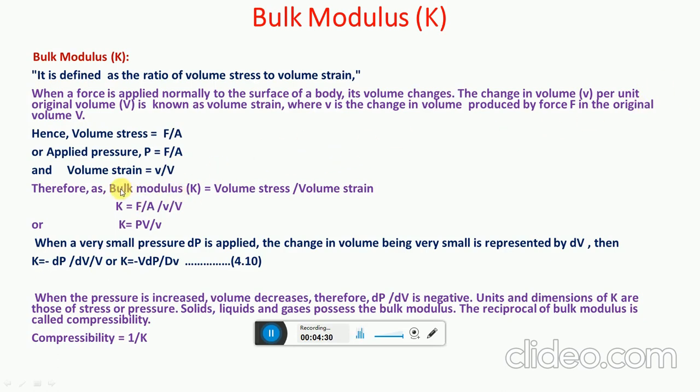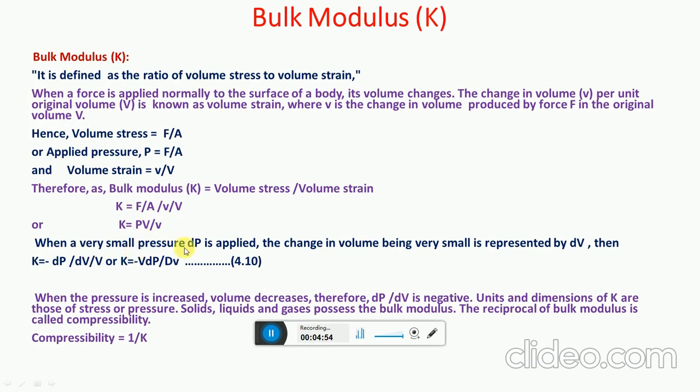Using the definition of bulk modulus, it is denoted by the symbol K. We have F upon A divided by small v upon V. Rearranging the terms, F upon A is equal to pressure, therefore K is equal to pressure into original volume divided by small volume change.